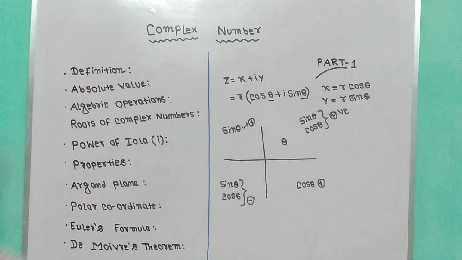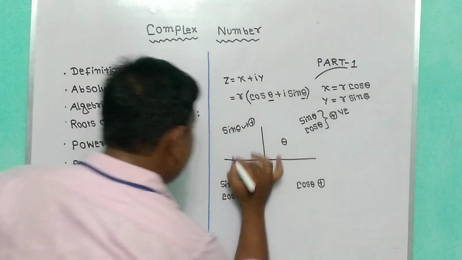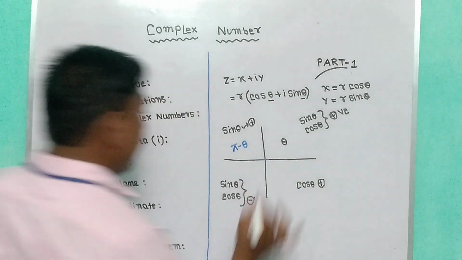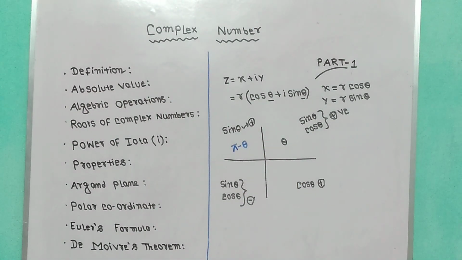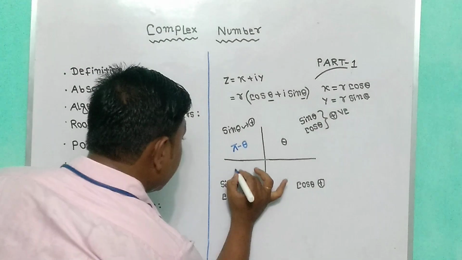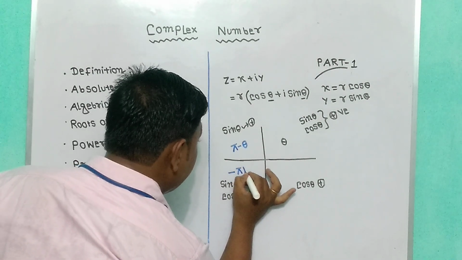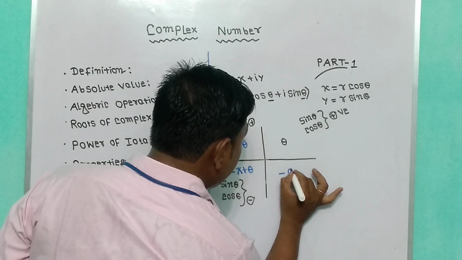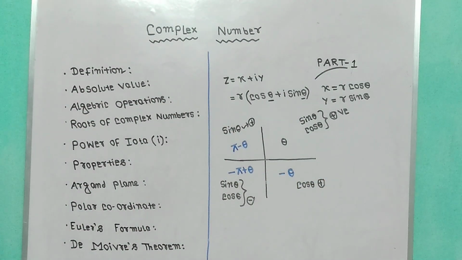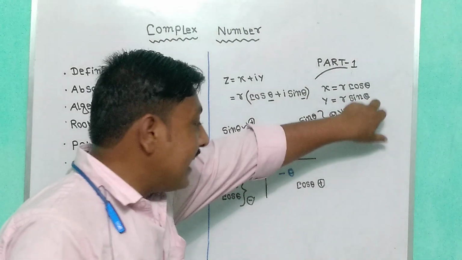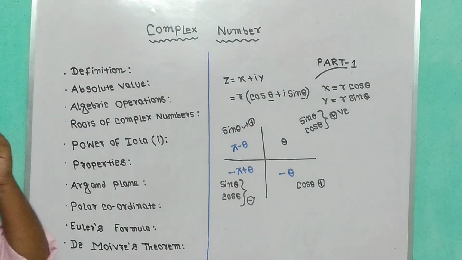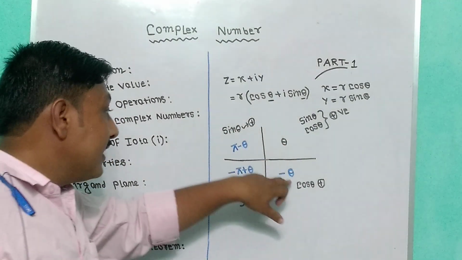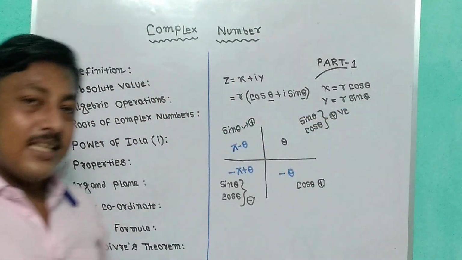Now this quadrant we can write pi minus theta, and this quadrant we can write minus pi plus theta, and here minus theta. So what is theta actually? Theta means the angle. So suppose this is polar coordinate. That's why I am telling about theta, cos theta, sin theta, this angle.